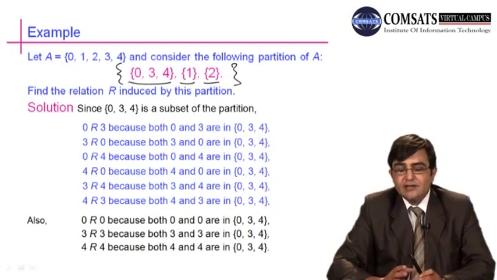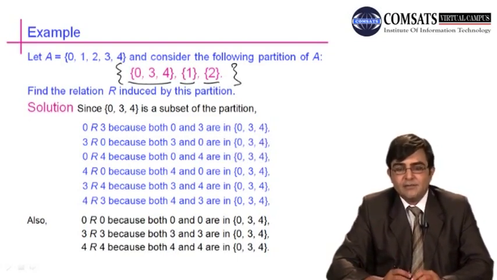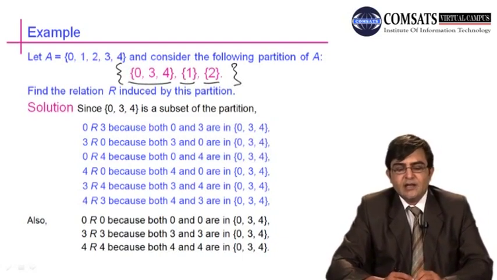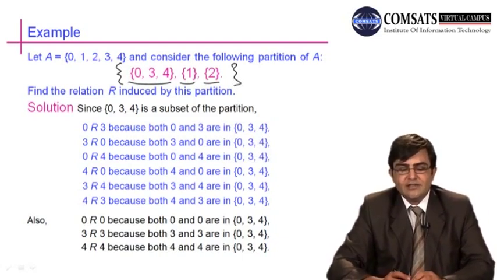The intersection of any two sets in this partition is empty, is phi, and the union of all these subsets is equal to A. So this is basically the partition of a set A.